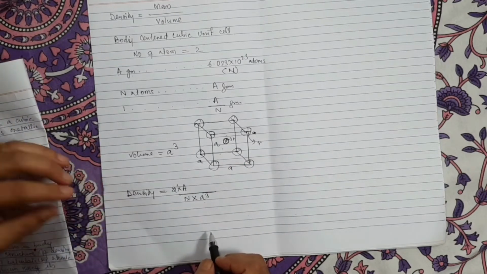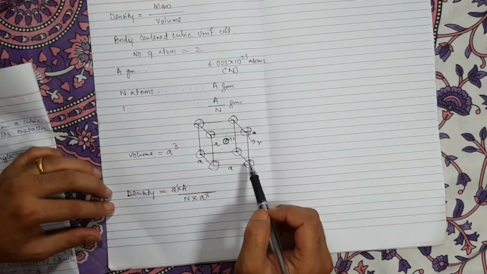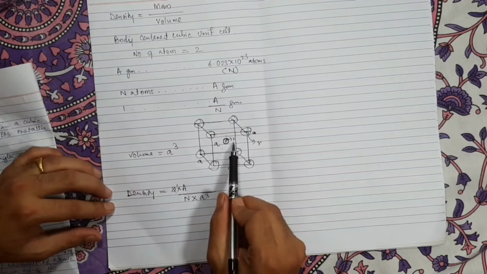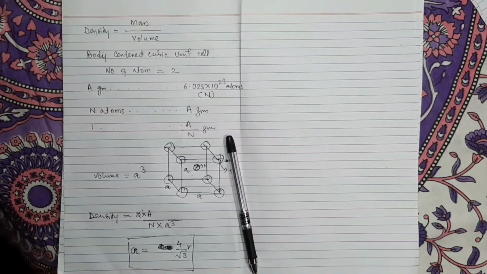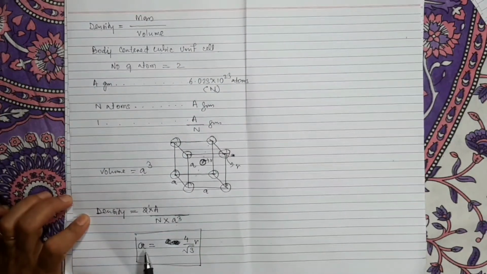Now, you are also supposed to know the relation between the radius of the atom that makes BCC and the edge length of the BCC. That means the relation between a and r. a is the edge length of the BCC cubic unit cell, and r is the radius of the atom. The relation is a = 4r/√3, that is, edge length equals 4 by root 3 times r. It is derived in those videos which I posted for solid states.